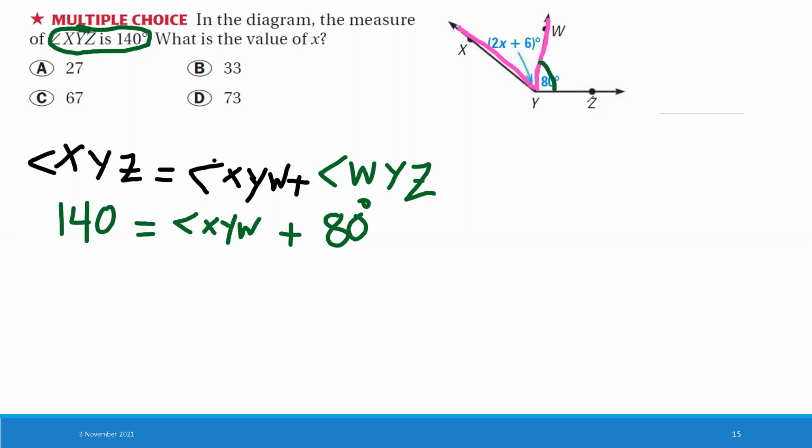Now, Nada. Yasmin told us that the measure of the angle XYZ is the measure of the angle XYW plus the measure of the angle WYZ.